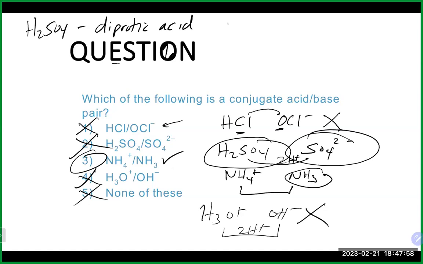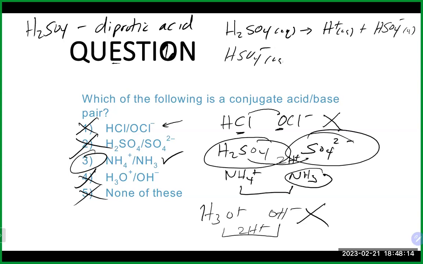So really the first thing that happens is the H2SO4 will drop off an H plus and have HSO4 minus. The next step is that HSO4 minus will lose an H plus and become SO4 2 minus.